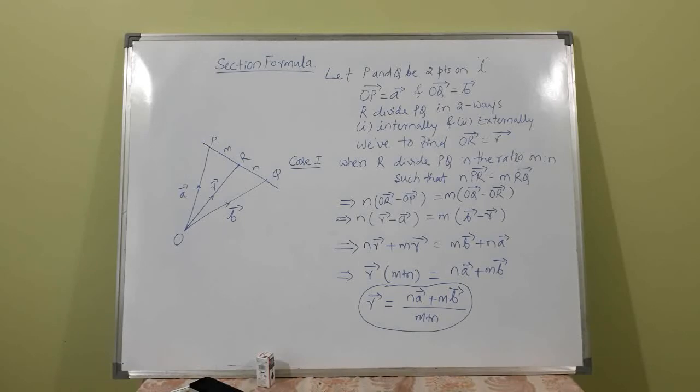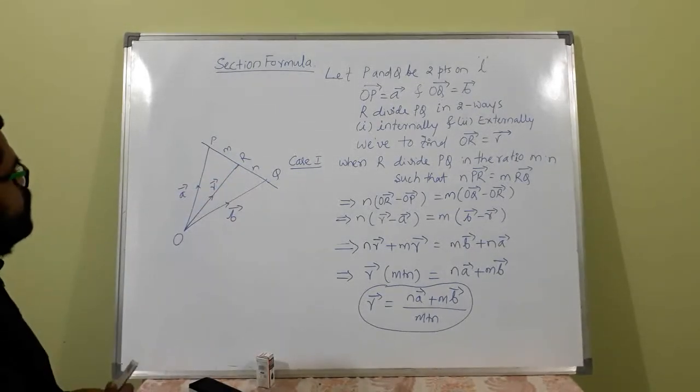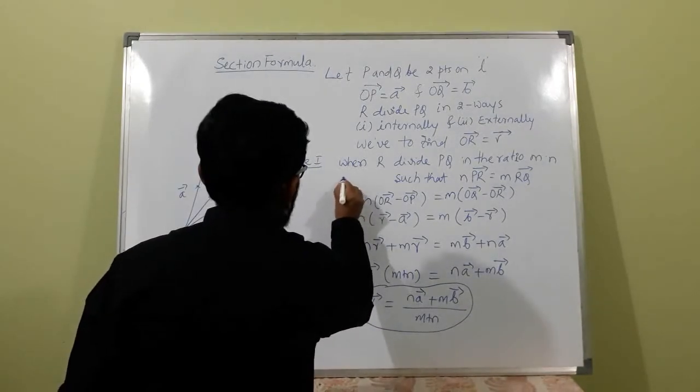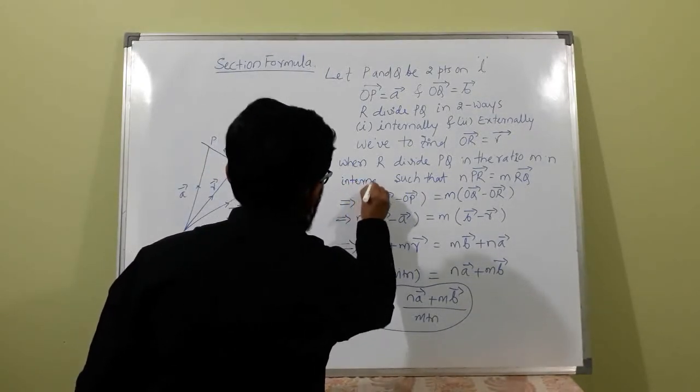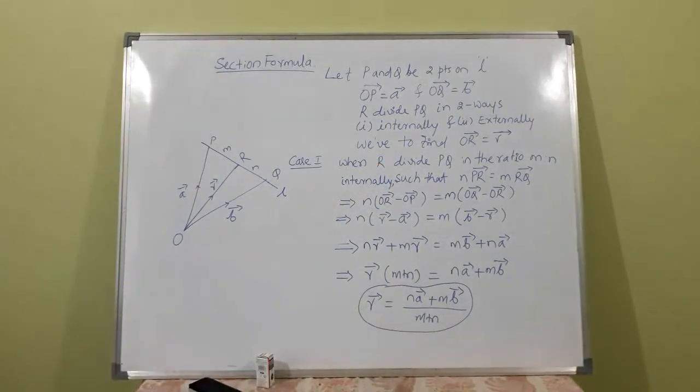When R divides PQ in the ratio m:n internally, such that n into PR is equal to m into RQ, then PR is nothing but OR minus OP, and RQ is OQ minus OR.